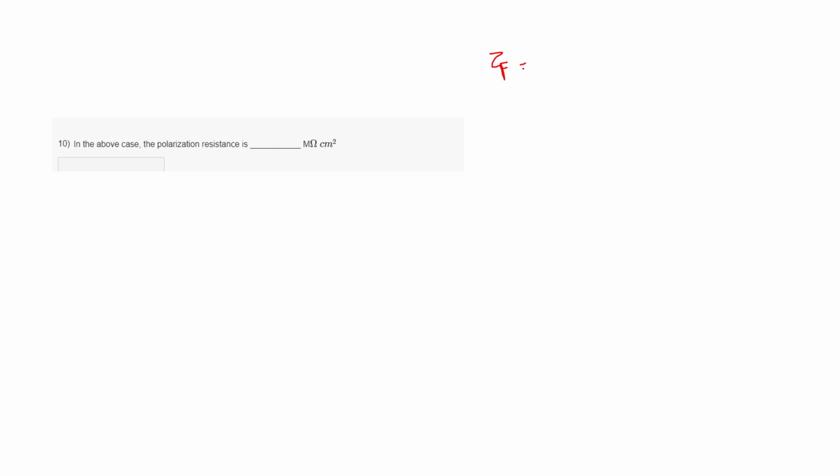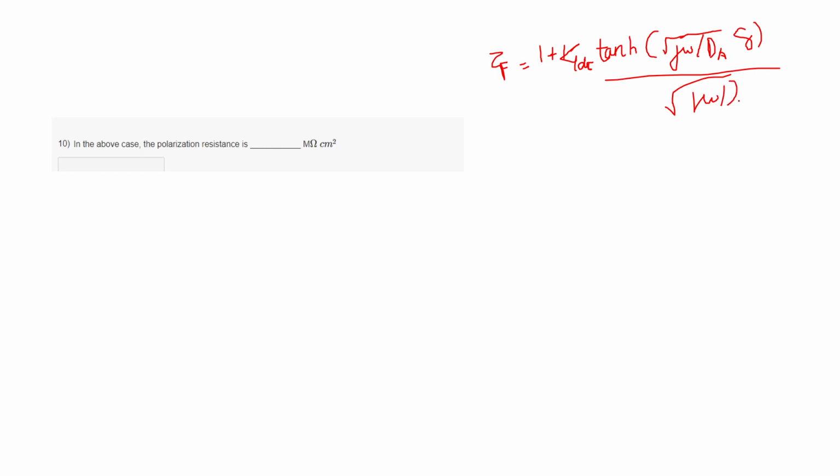So the Faraday impedance is given by 1 plus Q1 DC tanh j omega by dE, del j omega by dA.